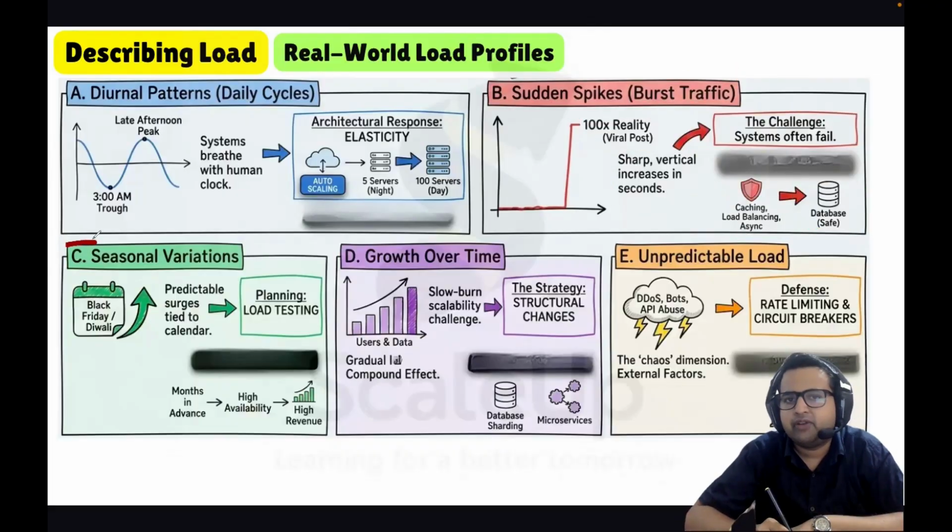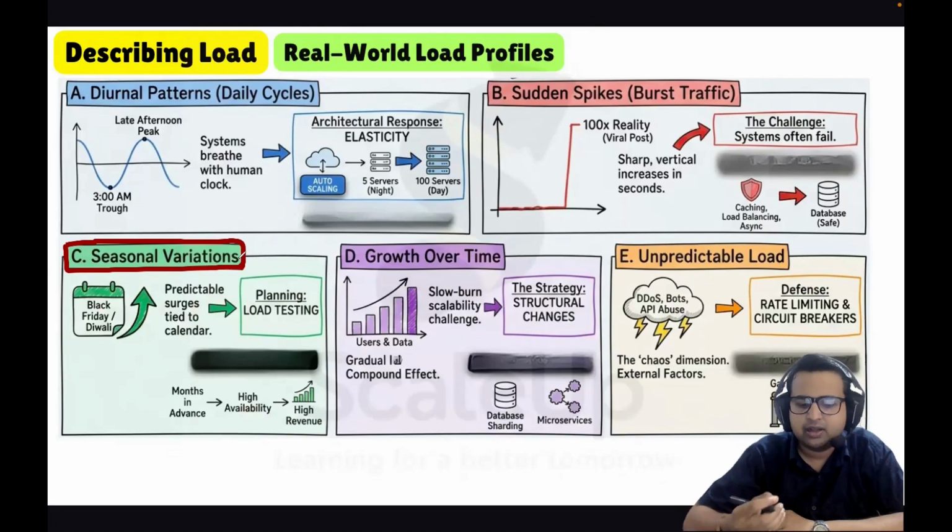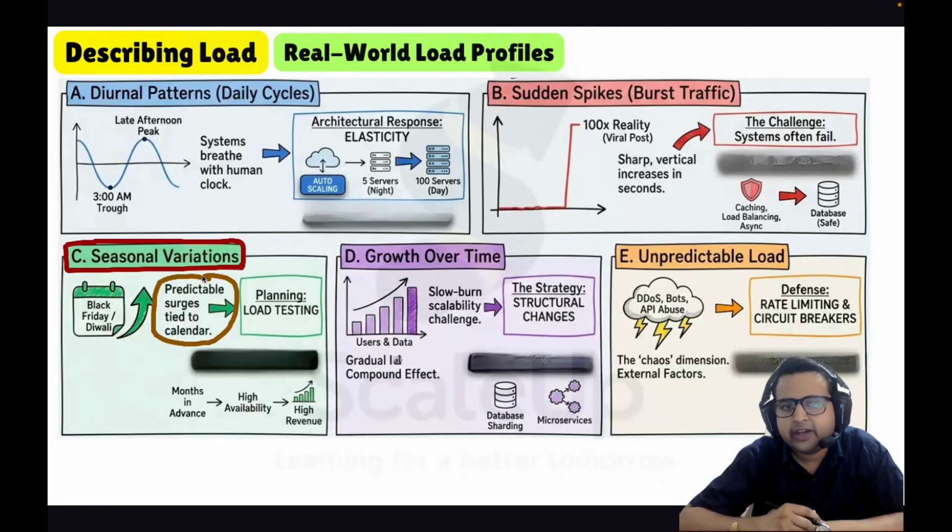Now, if we talk about real world load profiles, we have something called seasonal variations. Seasonal variations are predictable large scale surges tied to the calendar. These are predictable increases in traffic tied to the calendar. For example, a festival like Christmas Eve, when bakery portals or e-commerce portals might get lots of sales, or a Black Friday sale.